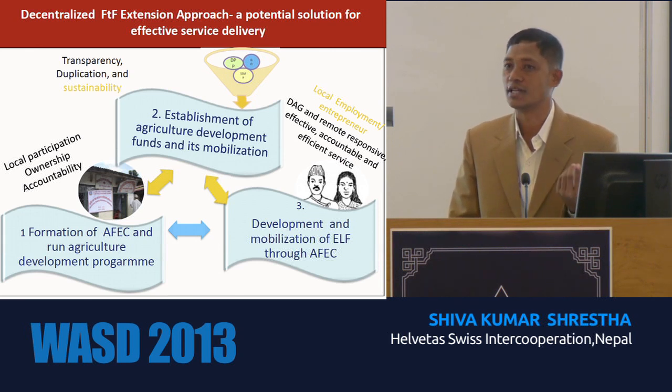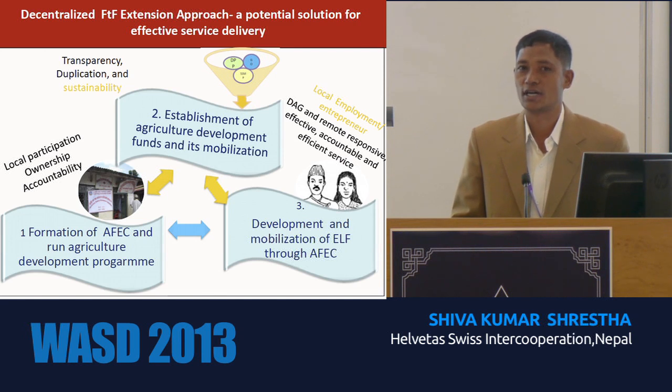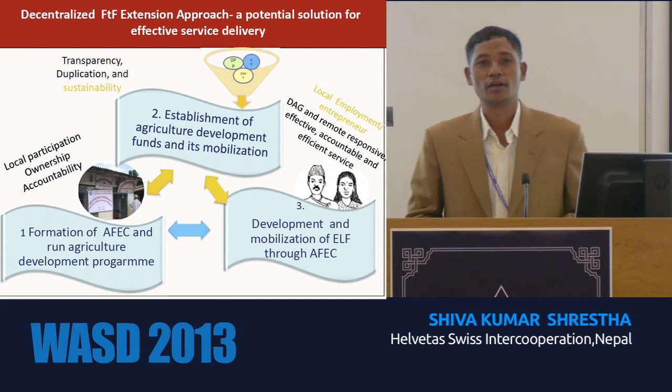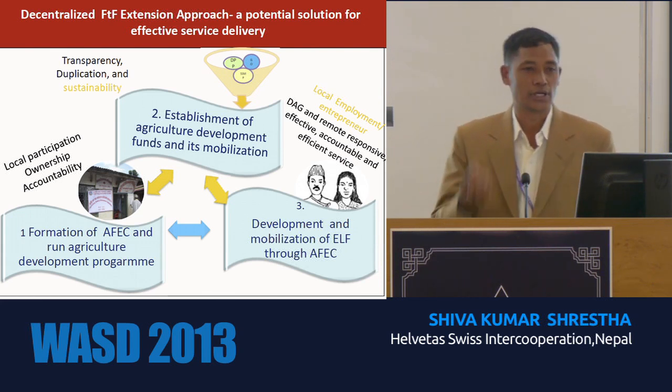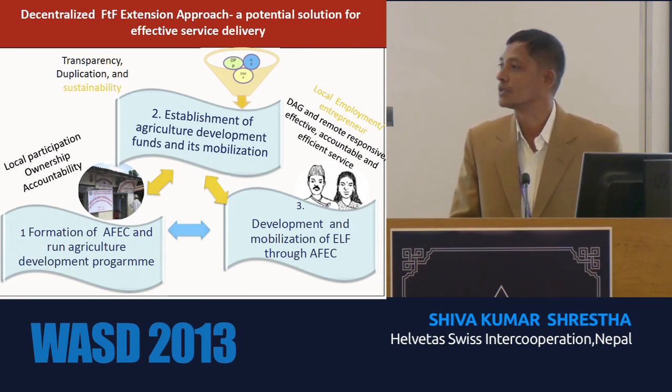This is the situation. That's why there is a need to coordinate all the development partners at the local level, and that will be done by the Agriculture, Forest and Environment Committee, which is the lowest administrative unit of the government.